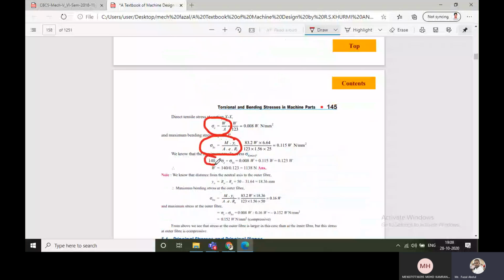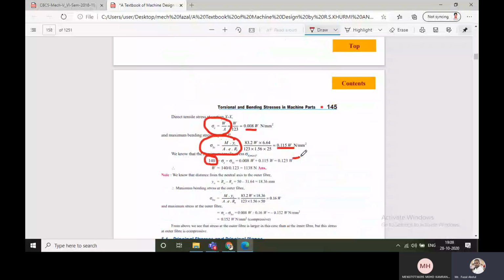The 140 is the maximum permissible stress that is given in the question. Maximum stress is equal to direct loading plus bending loading. Because of bending this is the answer, just right here. 140 is given in the question. So what is finally the W value? W we will get like this.